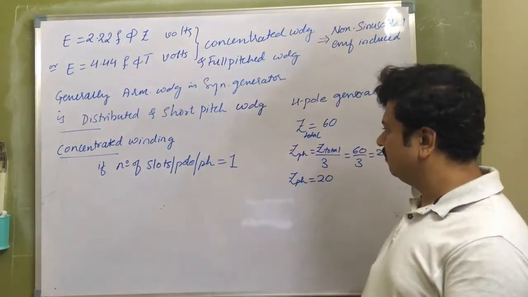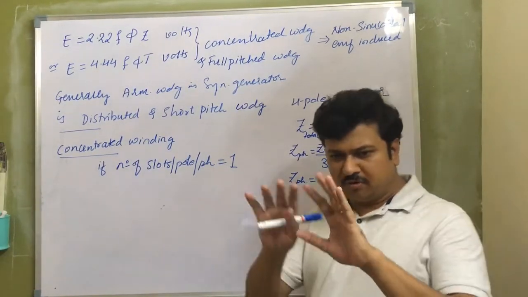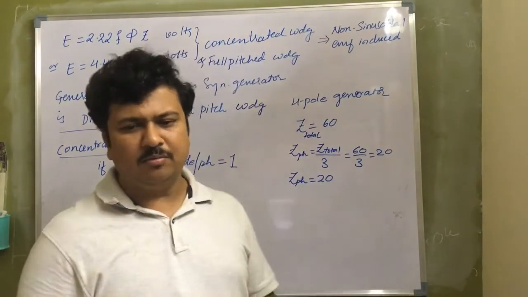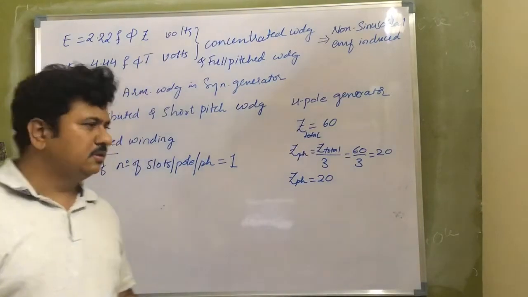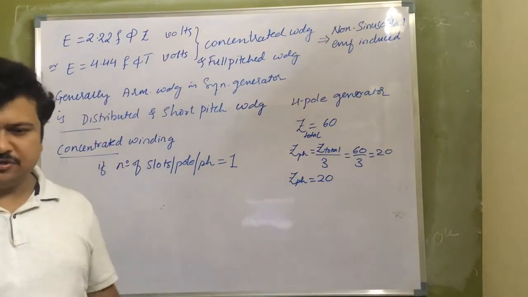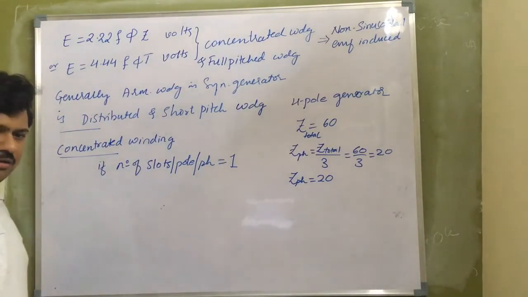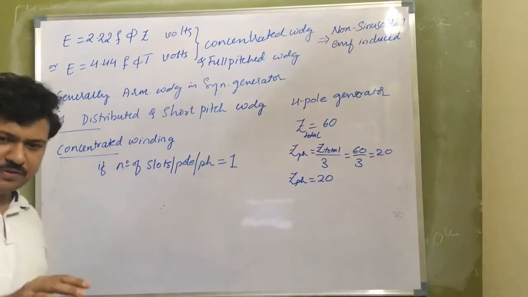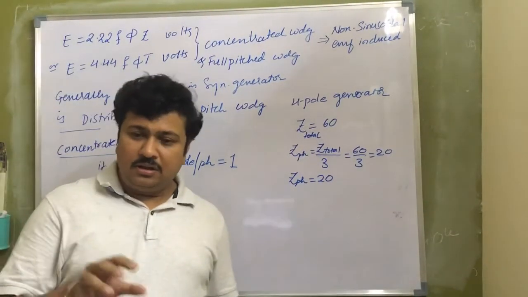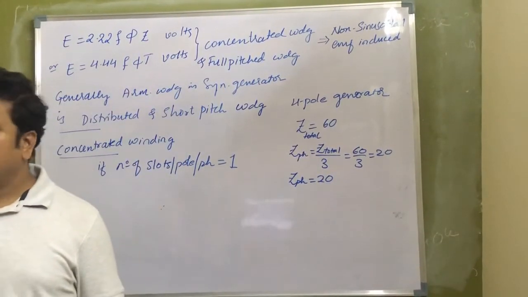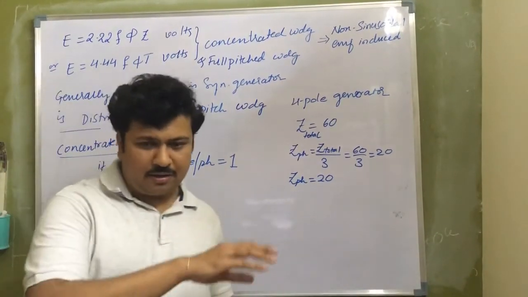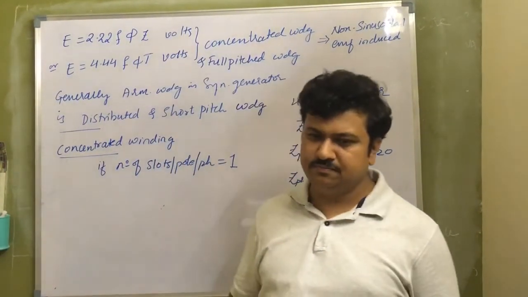See, all the conductors are distributed into the number of phases, so the total number of conductors is 3 times the number of conductors in each phase. Now the conductors per phase are distributed among the number of poles.